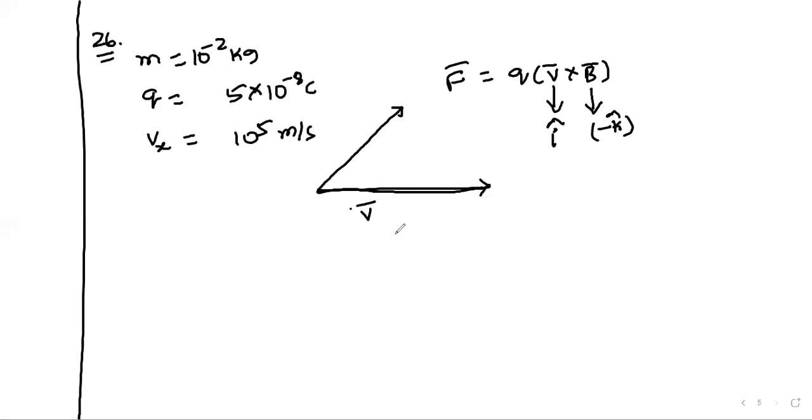So both B bar and E bar should be along the direction of velocity.